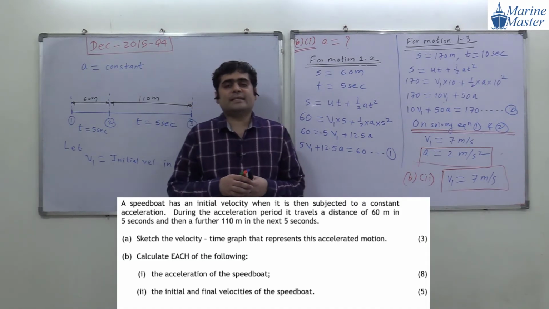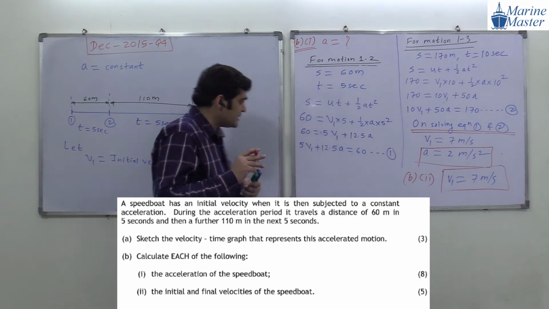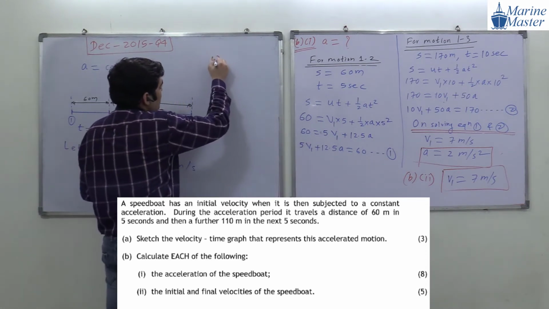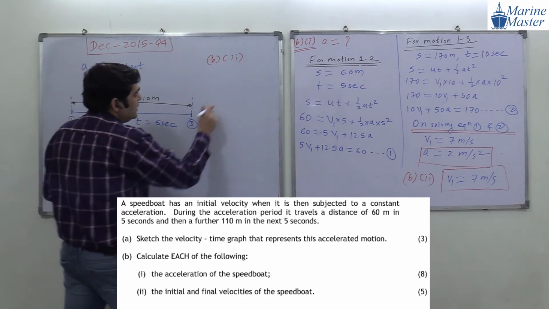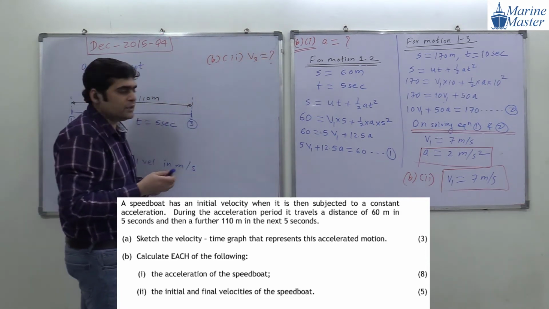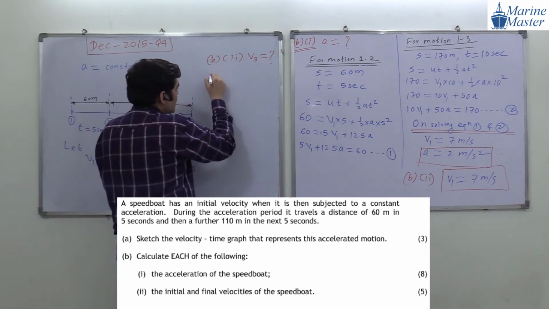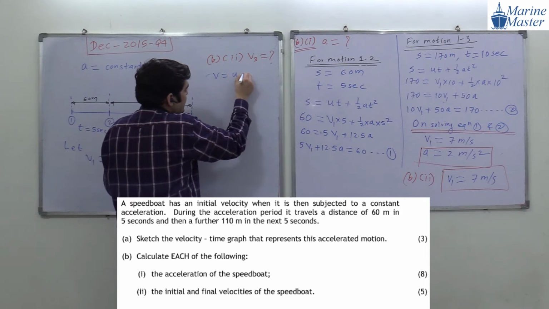Now, what are they asking us here in B's second part? Our target is the final velocity, and our final velocity is at which point? Third point, V3. Try to see the scenario here. We know this relation: V is equal to U plus AT.